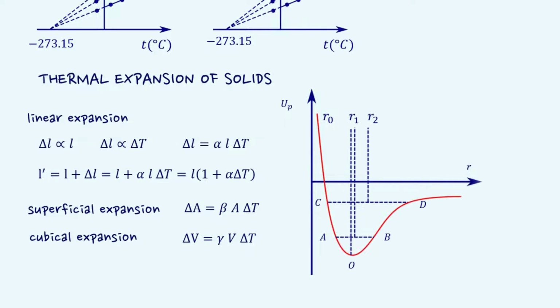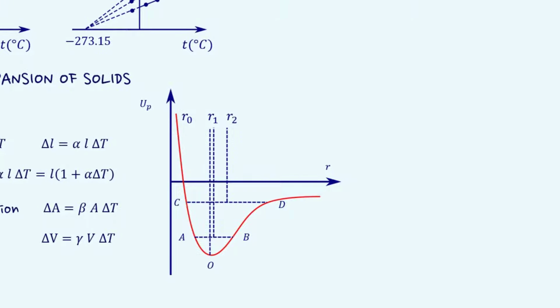We can also explain thermal expansions on the basis of intermolecular forces. Here, a typical potential energy diagram which represents the potential energy of two molecules versus their separation. The potential energy curve is not symmetrical. Hence, the average separation of the molecules is greater for higher temperatures.